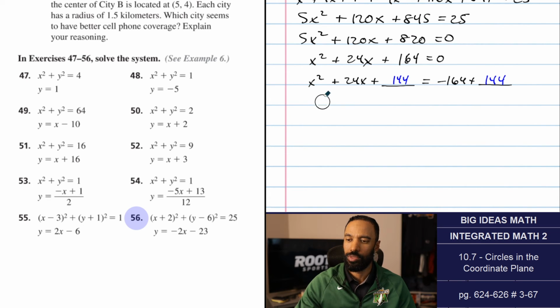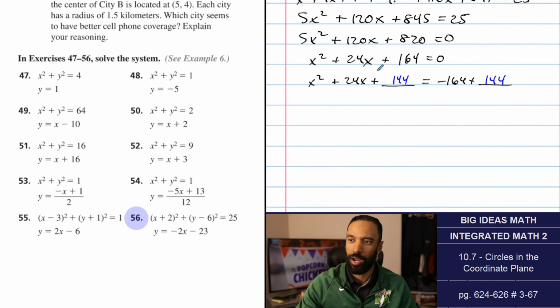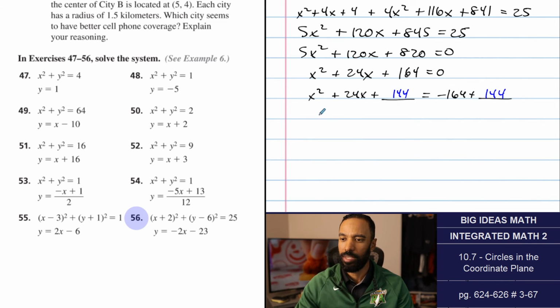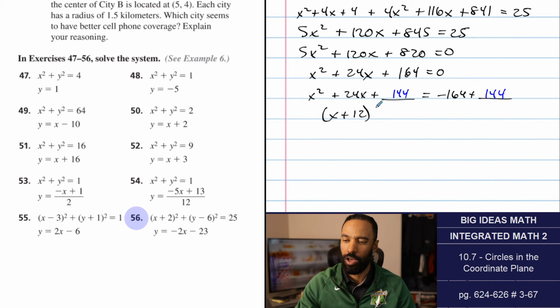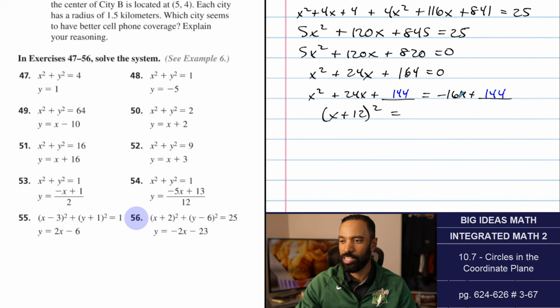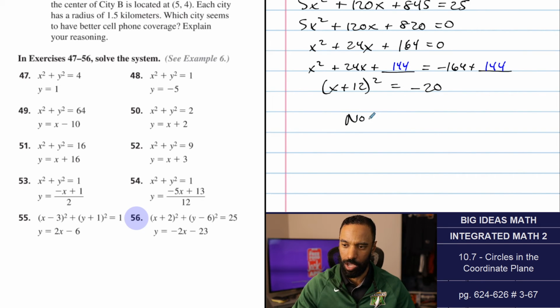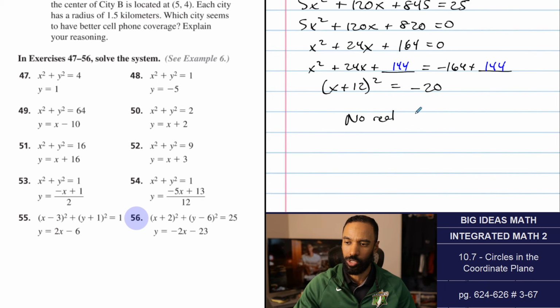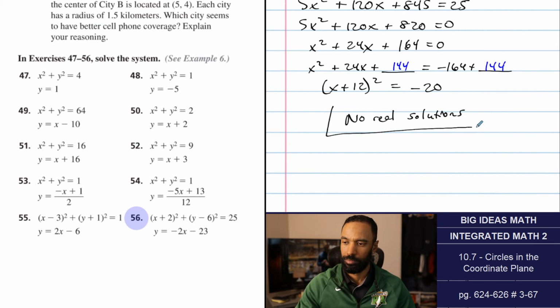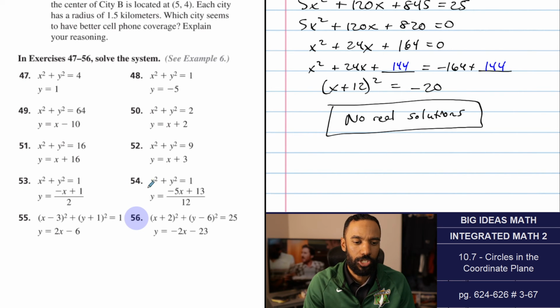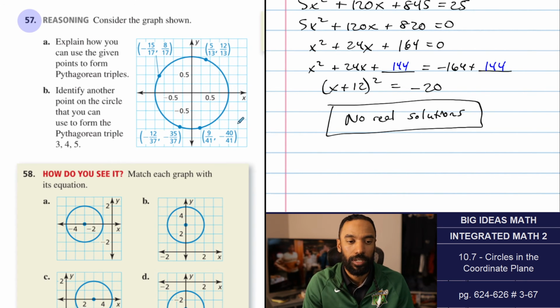So this becomes x plus 12 quantity squared, and then this one is negative 20. Taking the square root of both sides, you get the square root of a negative. That's not going to work out. So no real solutions here for number 56. Okay, let's jump to the next page.